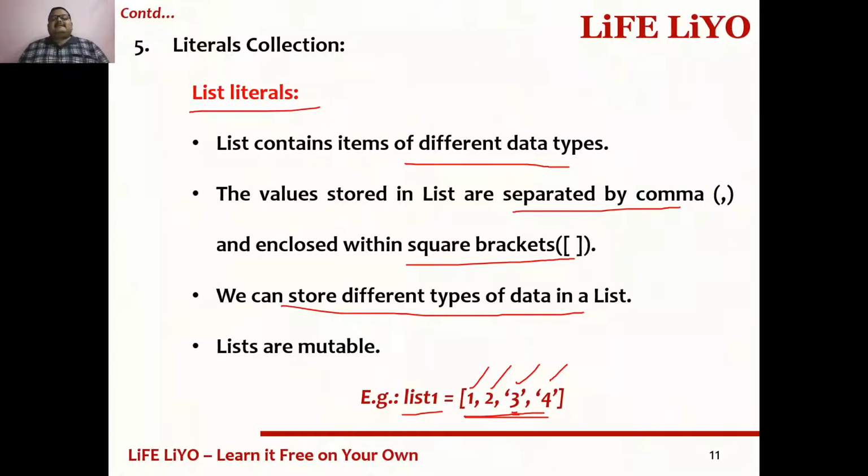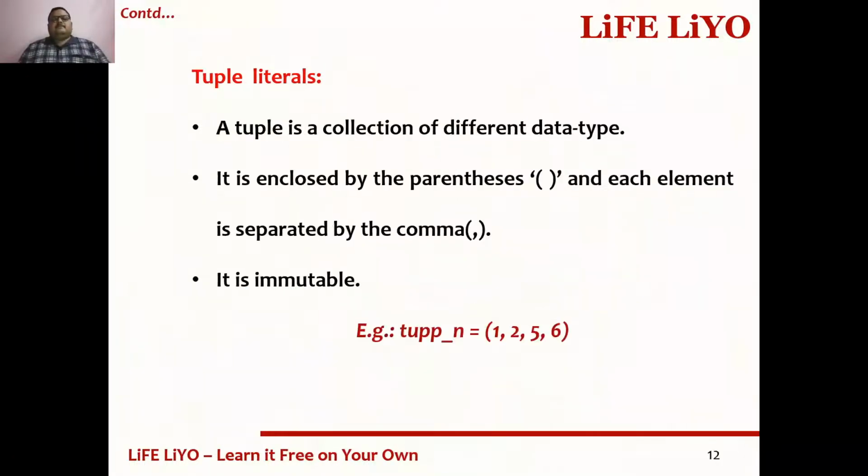These lists are mutable. What does mutability mean? Mutability means once the list is defined, we can edit it. That is, we can append, delete, or add. That is mutable. Tuple literals. A tuple is a collection of elements of different data types, same as a list.